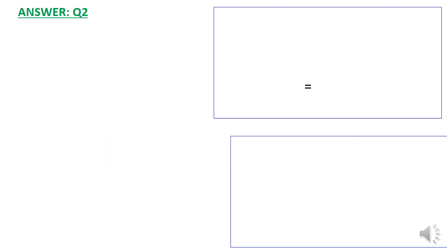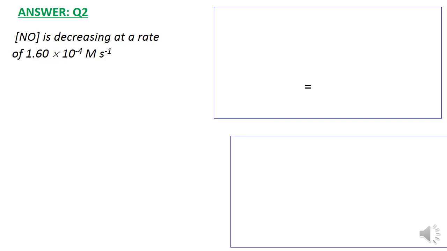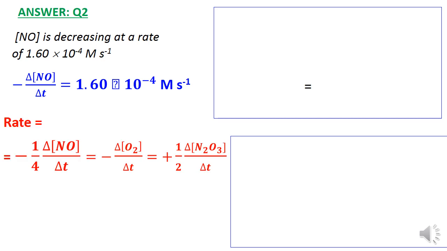To find the rate for the decreasing of O2 and the increasing of N2O3, first from the given rate for the decreasing of NO, which is 1.6 times 10 to the power of minus 4, we can write it as negative change in concentration of NO over change of time equals 1.60 times 10 to the power of minus 4 molar per second.